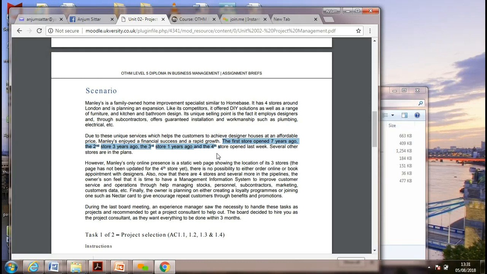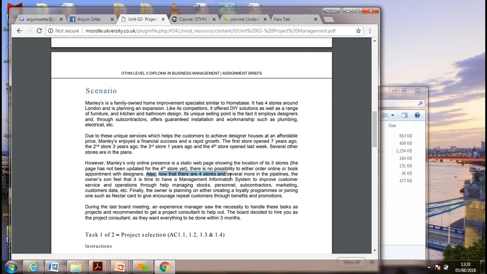So maybe we need to look around or recommend a dynamic website as well. Static means it won't change, whereas dynamic things carry on changing. So she can go for the dynamic website, which carries on changing, so she can amend the prices and things as well. There is no possibility to either order online or book an appointment with the designer. So this new dynamic website should provide these facilities as well.